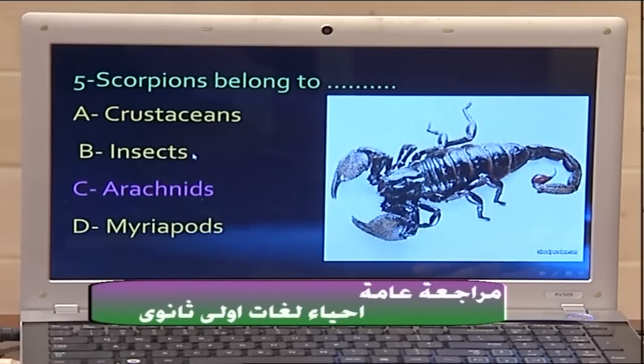Insects contain 3 pairs of jointed legs, while here 4 pairs of jointed legs. Insects contain wings, but arachnida has no wings.